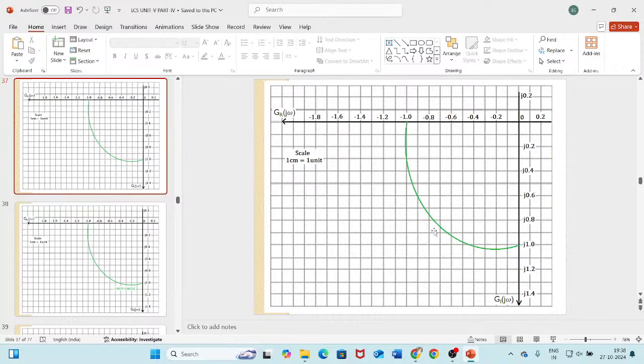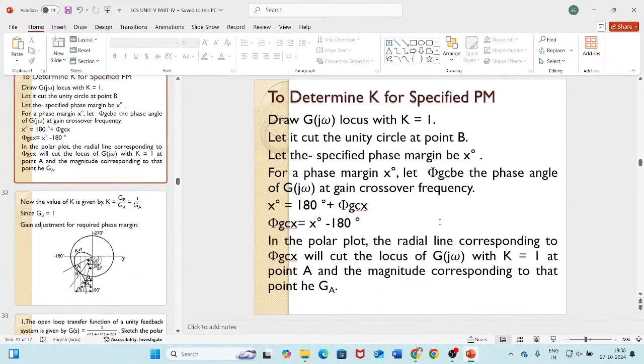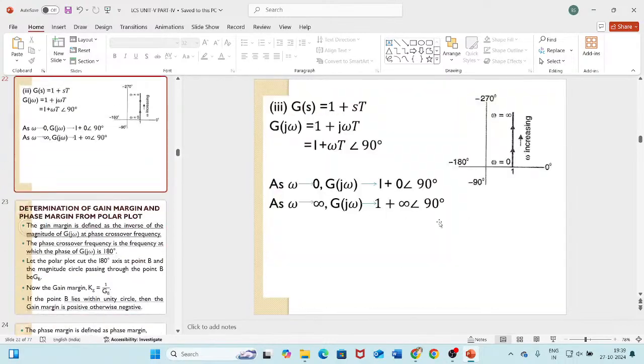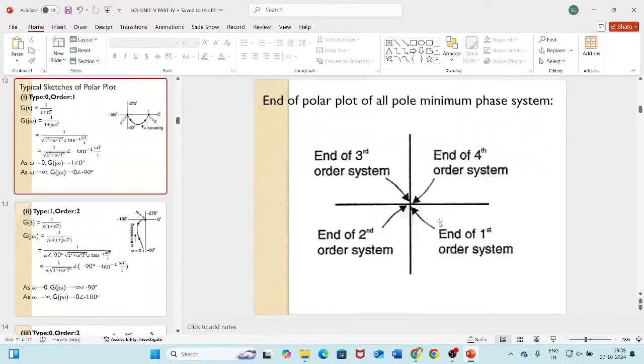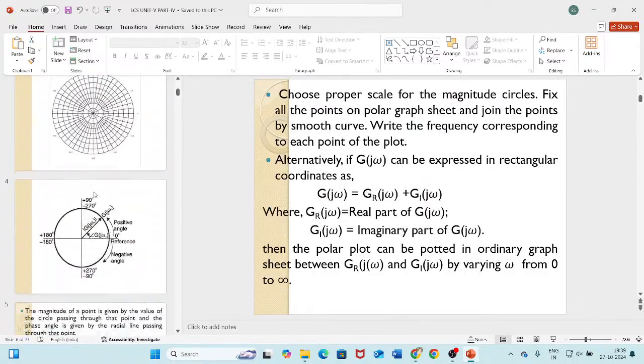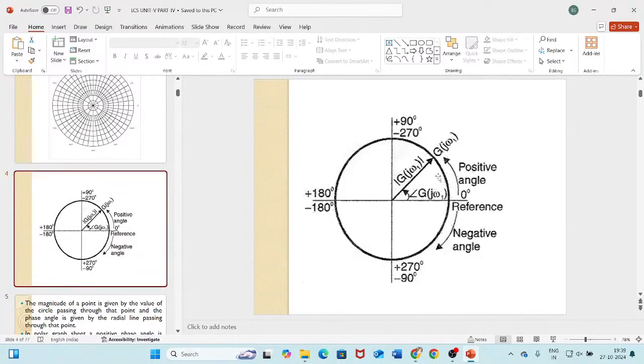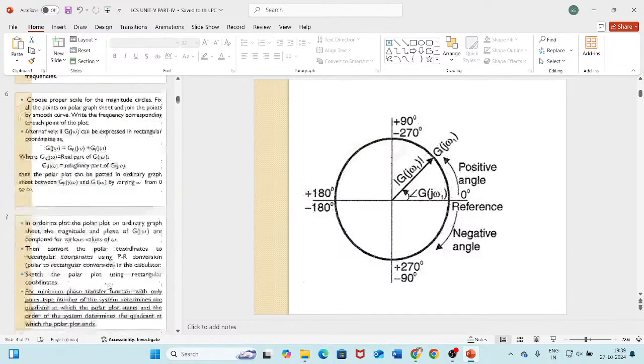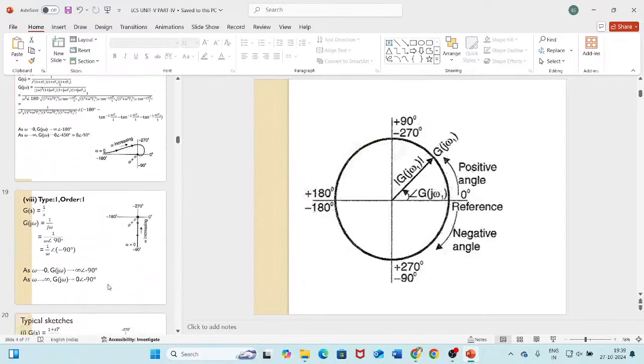You will get a quarter circle in each quadrant, isn't it? So this is a complete circle, and each quadrant occupies a quarter circle.